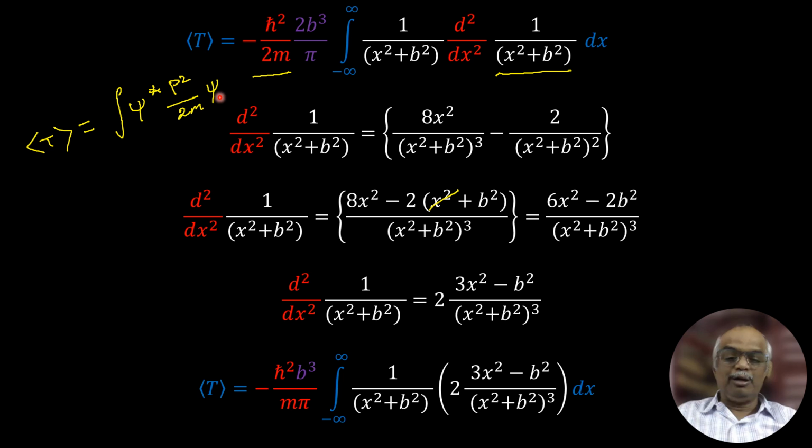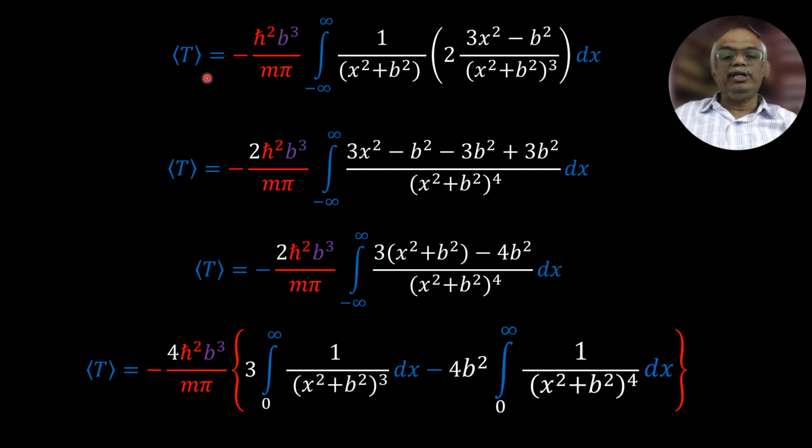So here you can also cancel some of the terms. 2 will get cancelled and you will get minus h cross squared pq divided by m pi, and in this integral I am replacing the second order derivative by 2 times (3x squared minus p squared) over (x squared plus p squared) whole power 3, and I am integrating over x. So now we will move on further.